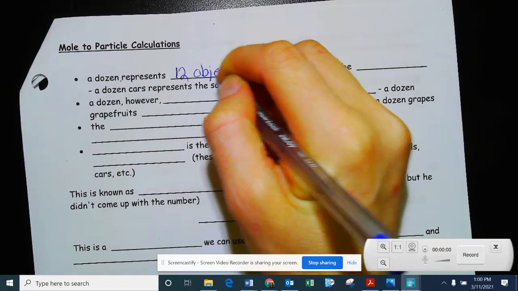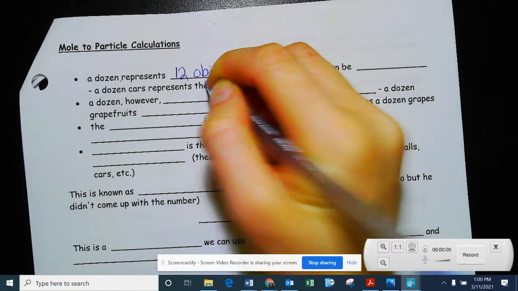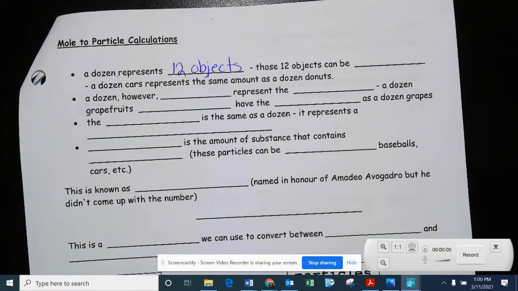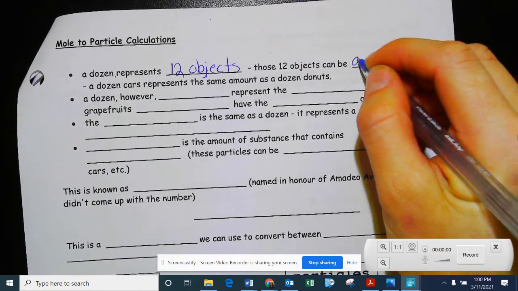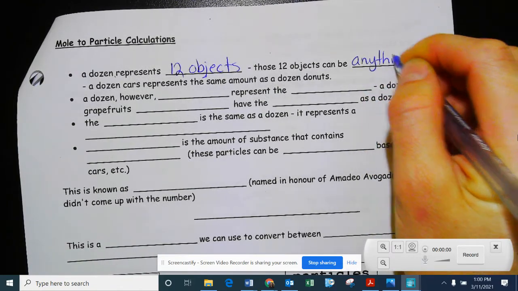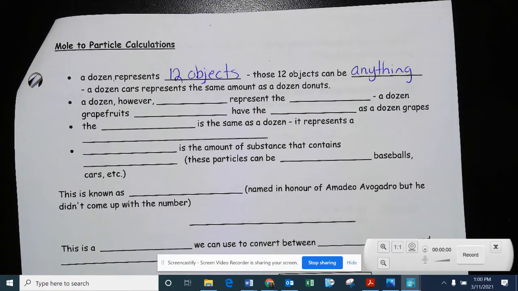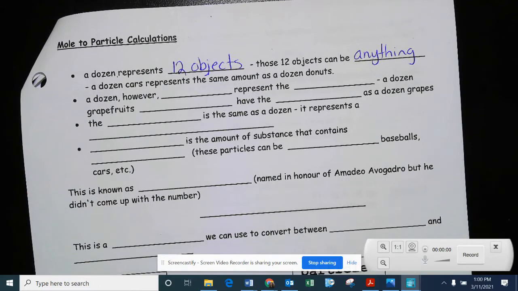What is something that you often hear a dozen about? Eggs, yes. But 12 objects could be anything. You could have a dozen books. You could have a dozen friends. You could have a dozen people in your bubble by June. Who knows? What'll happen? So a dozen is just a number that means you've got 12 of something.